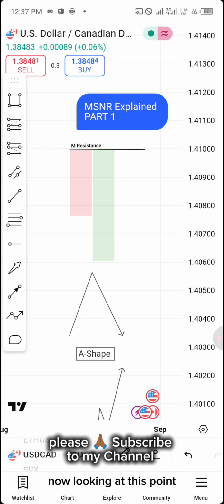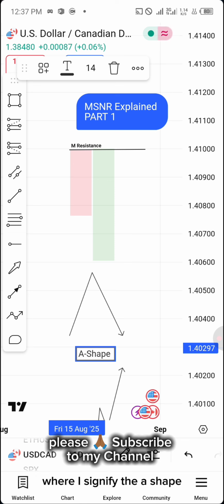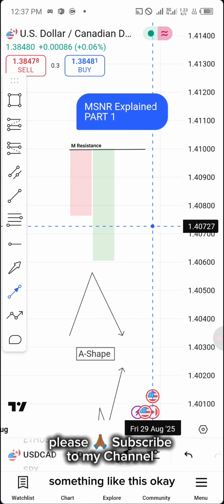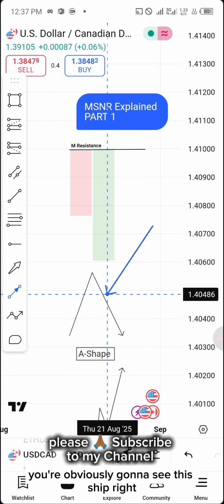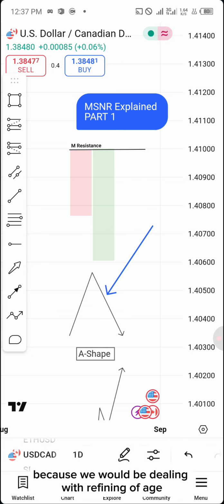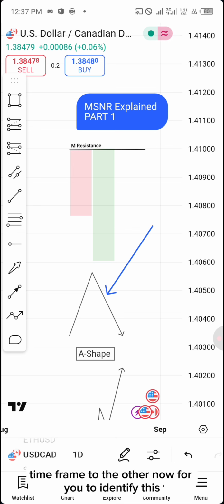Okay, now looking at this point where you can obviously see the A shape, once you drop to your line chart, guys, what you are obviously going to see is something like this. Okay, you're obviously going to see this shape right at a resistance level, because we would be dealing with refining of entries as well, since we'll be navigating from one time frame to the other.